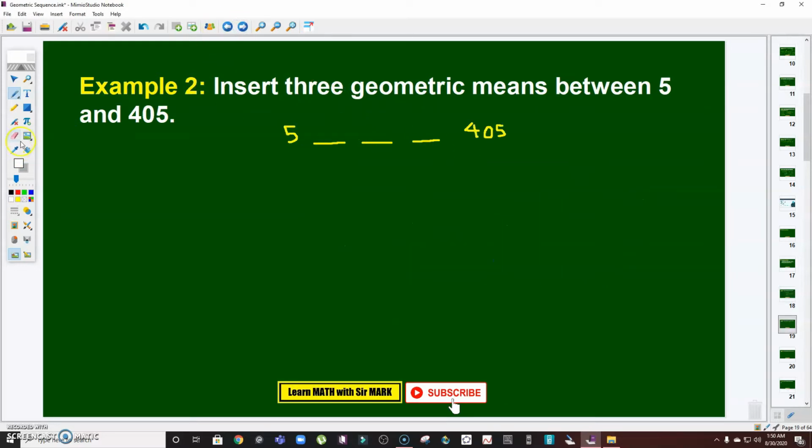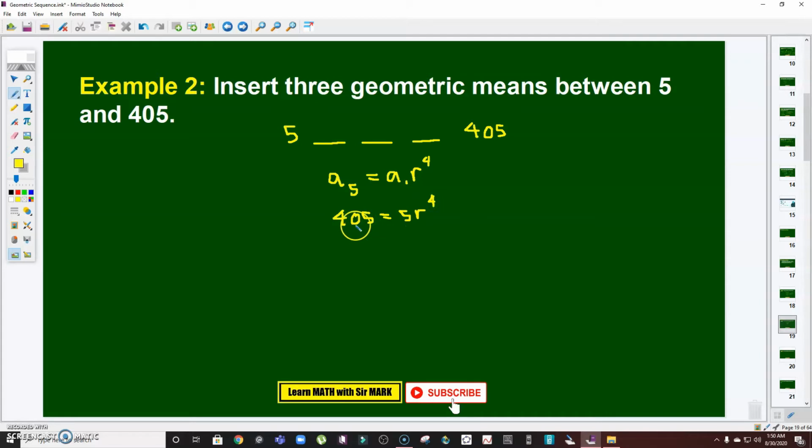Since my fifth term is 405 and the first term is given, the equation that we can get here is a sub 5 is equal to the first term times the common ratio raised to 5 minus 1, which is 4. So that will be 405 equals 5r raised to 4.